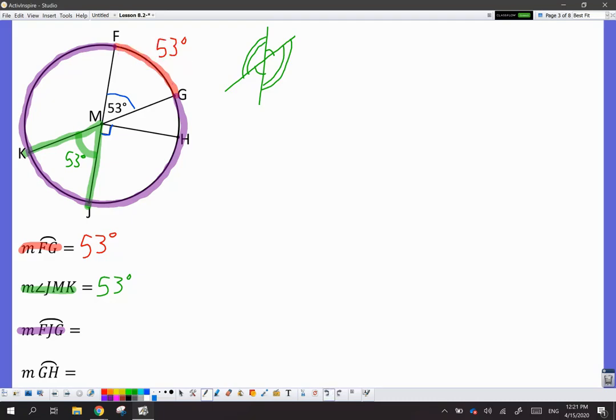So let's do that. I have 360. Now I'm going to subtract the 53 degrees from arc FG. And here I get 307. So the measure of arc FJG is 307 degrees.